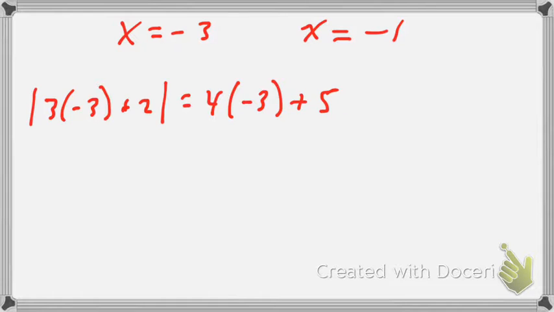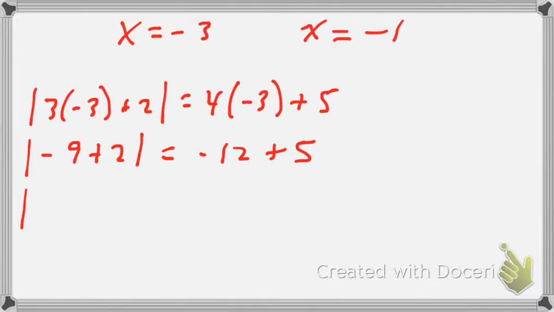Negative 3 times negative 3 is negative 9 plus 2. Does that equal 4 times negative 3? That's a negative 12 plus 5. So negative 9 plus 2, that's a negative 7. So the absolute value of negative 7, does that equal negative 12 plus 5? That's a negative 7.